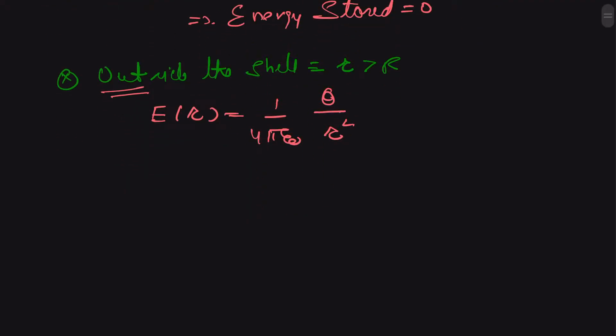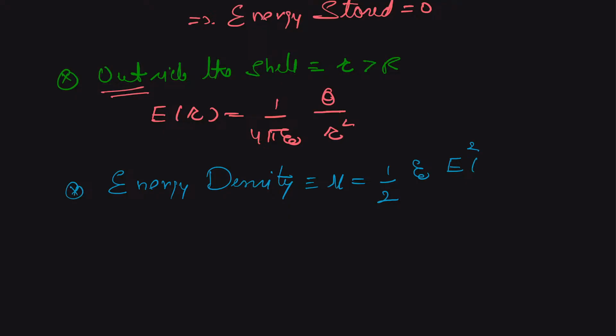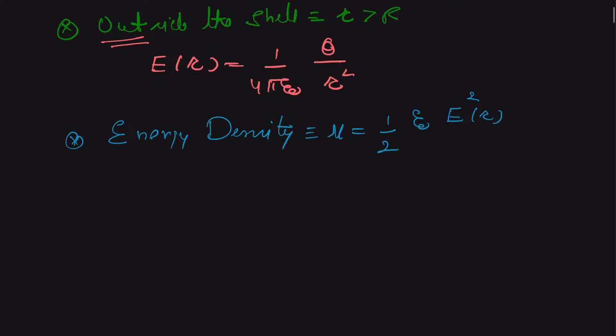And based on the basic formula for energy density, we can write the equation. So let us suppose the energy density is given by small u, then this small u will be equal to half epsilon naught E square, and this E will be equal to E at a distance of r, which we already know.